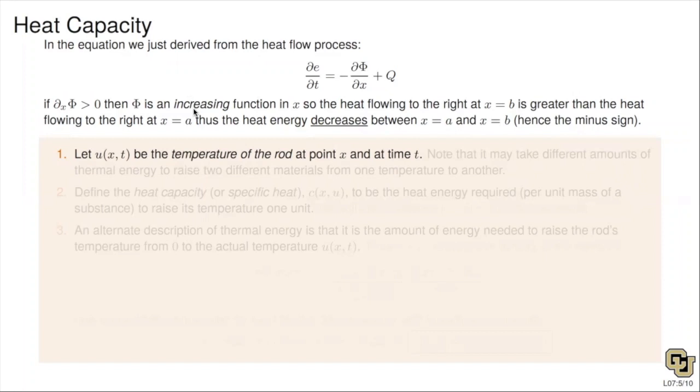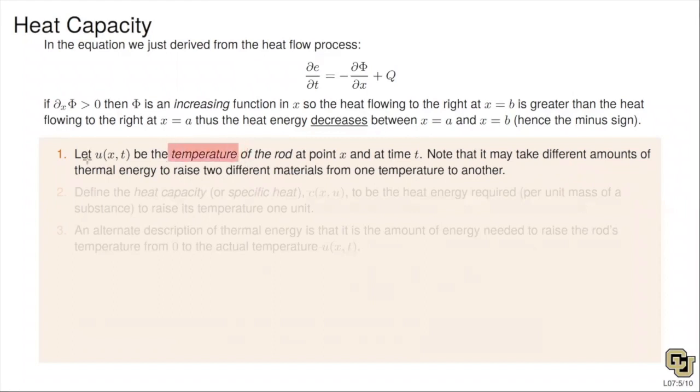Okay, so here, if we define U to be the temperature, so now we're introducing temperature as this other concept, the temperature of the rod at point X and at time T, and keep in mind that temperature or thermal energy would be synonymous. Keep in mind here that the amount of thermal energy required to raise the temperature of a material depends on the material.